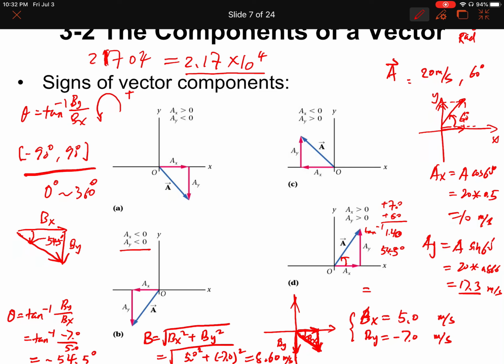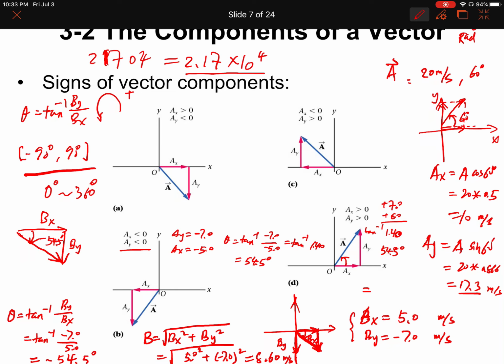Well, what if AY equals negative 7.0, AX equals negative 5.0? In this case, theta equals tangent inverse, still 1.40. You get 54.5 degrees.